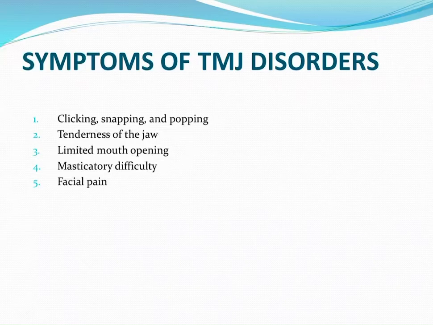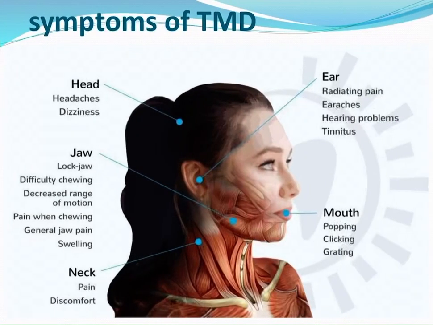Symptoms of the TMJ disorders. As we said before, any disorder in the temporomandibular joint, its effect will radiate to other parts of the head. To the head, it will cause headaches and dizziness, in the jaw, locked jaw, difficulty chewing, decreased range of motion, pain when chewing, general jaw pain, or swellings.